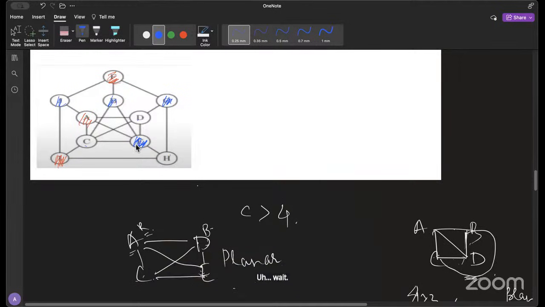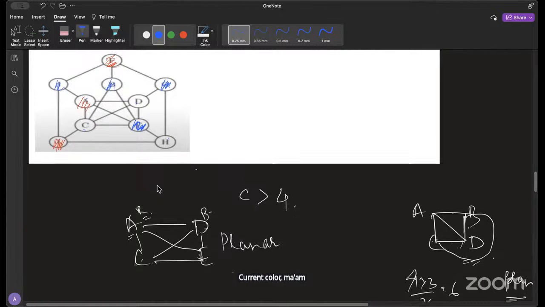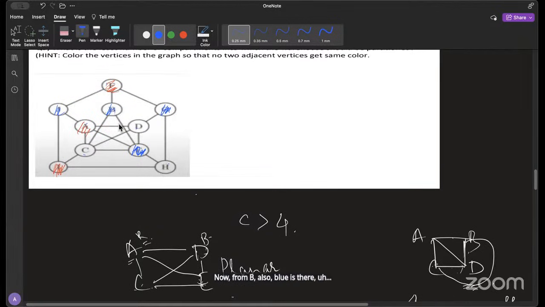Ma'am, then what is the maximum number of colors for a non-planar graph, or minimum? Different color, ma'am. From B also blue is there. You cannot color it, right? This one's also. That's why there are no 3 colors. So you can't color this one too.